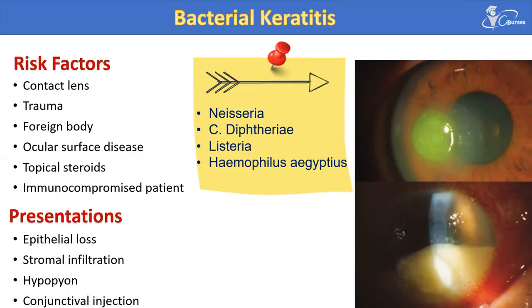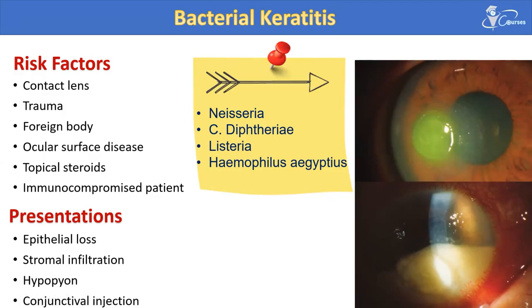It is called stromal infiltration. Patients may also present with hypopyon in the anterior chamber and conjunctival injection. These are the most common manifestations of bacterial keratitis.